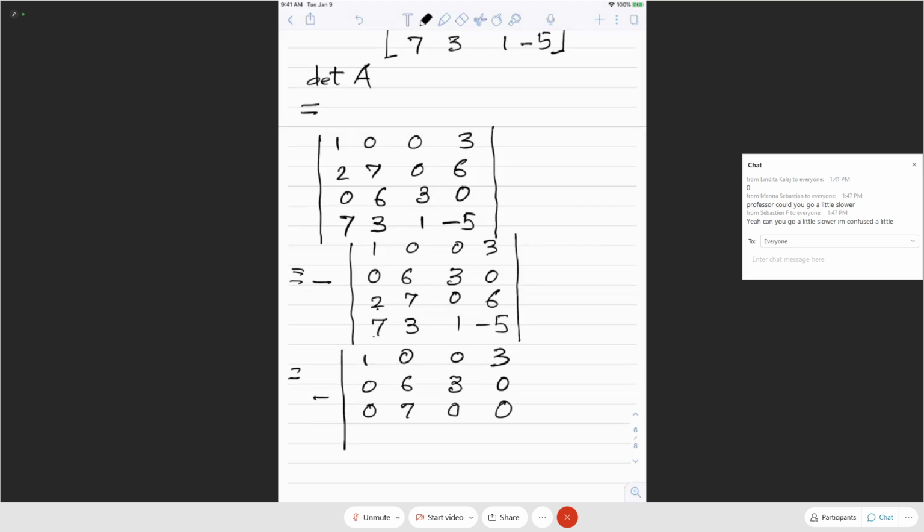Multiply the first row by minus 7, add it to the fourth row. 0, 3, minus 7 times 0, yeah. Minus 7 times 3 is minus 21, minus 21 minus 5, minus 26.